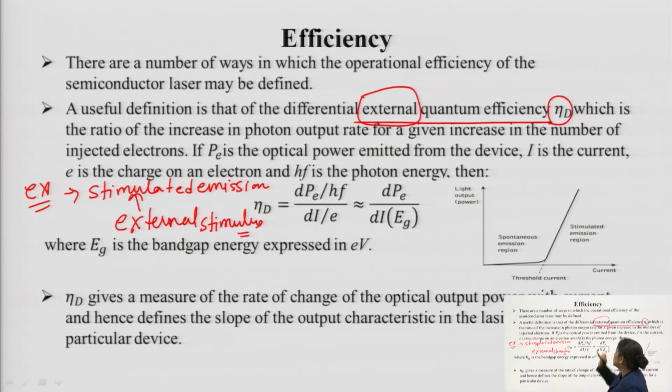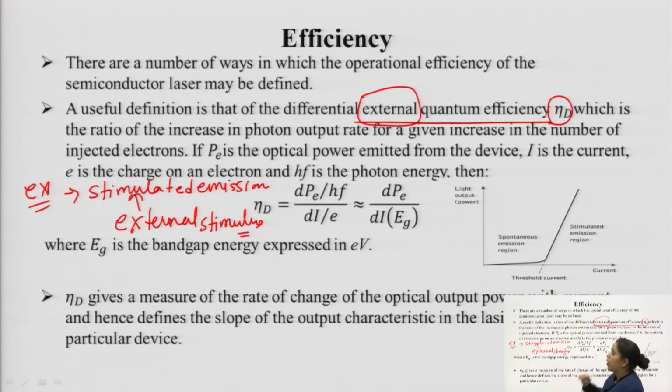So here comes the external quantum efficiency, but in the case of a laser both external and internal quantum efficiency come in, because in a laser both spontaneous and stimulated emission are responsible for the emission of photons at the output.